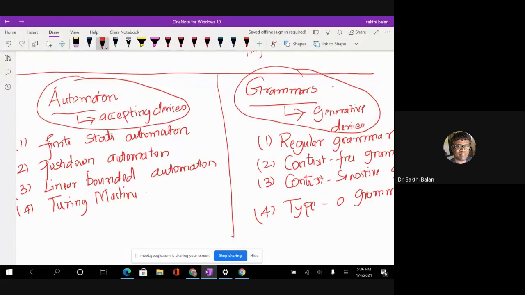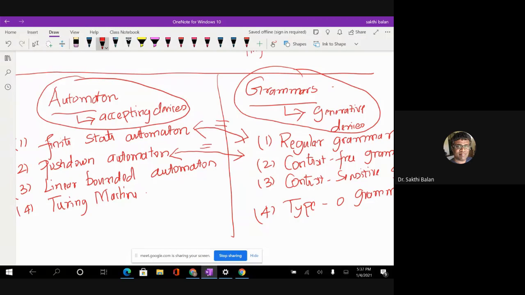The other thing that we will be looking at is the equivalence between these automata and the grammars. We will also be looking at how the power of finite state automata and the power of regular grammar are one and the same. Push down automaton and context-free grammar, their power is the same.